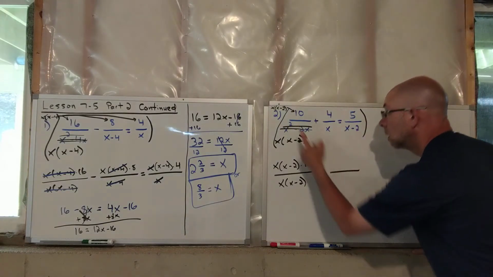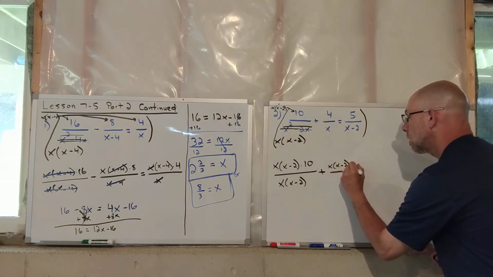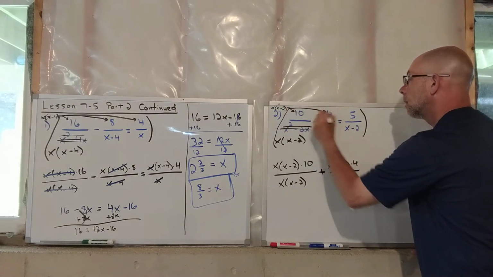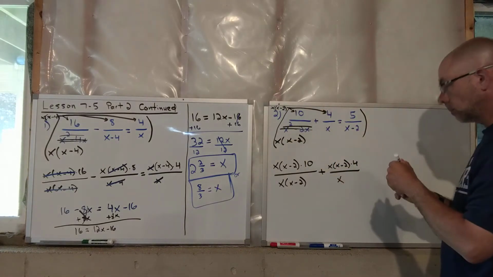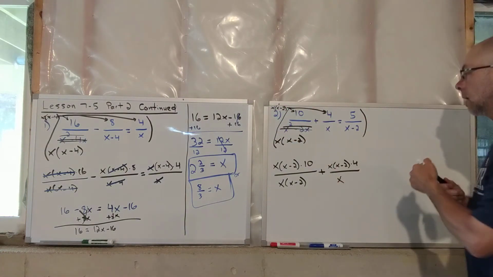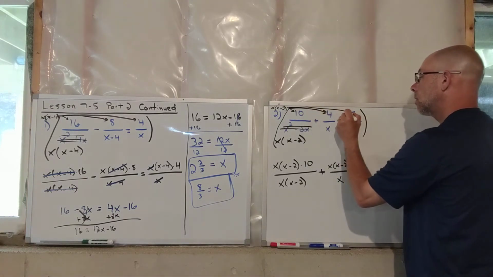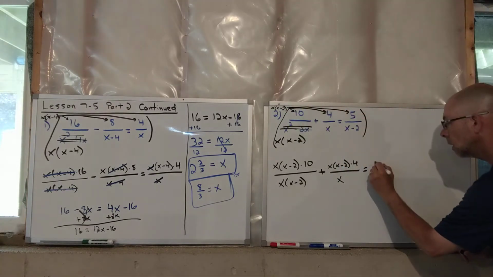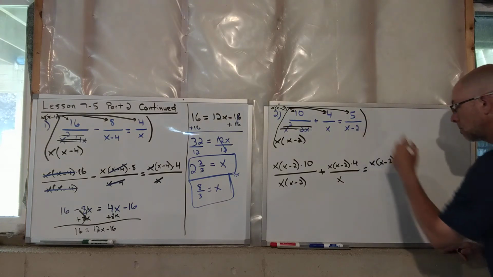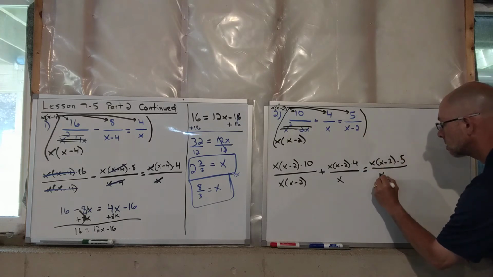Plus x times x minus 2 times 4 all over x. And then lastly, this all the way over here is x times x minus 2 times 5 all over x minus 2.